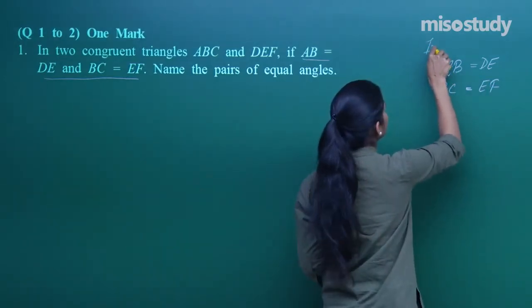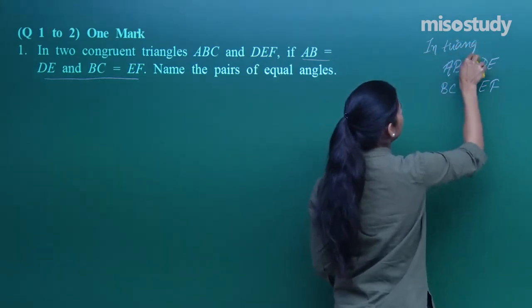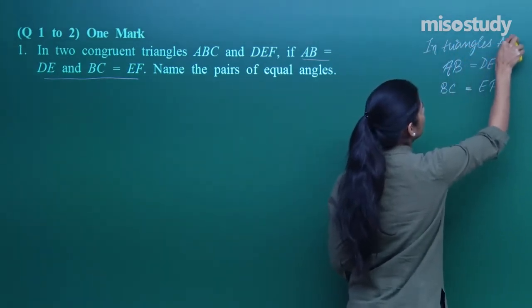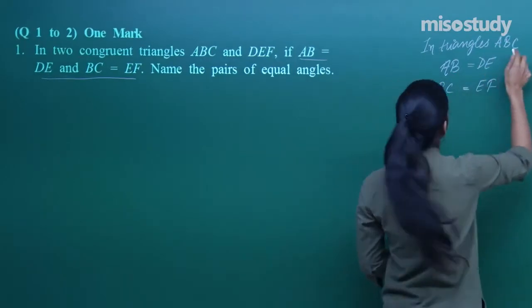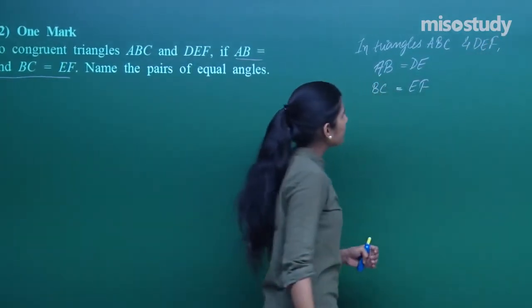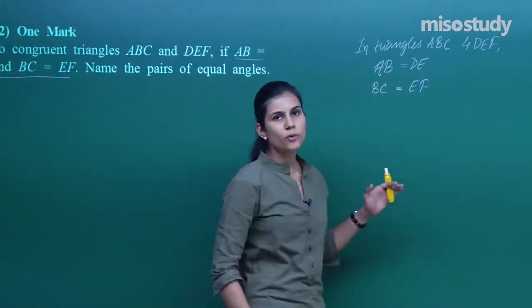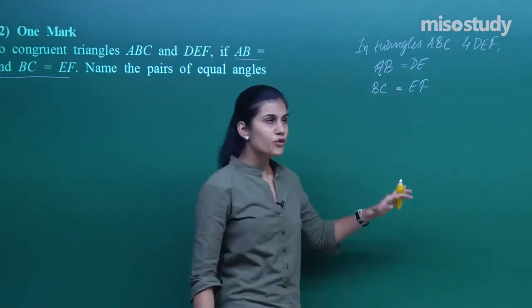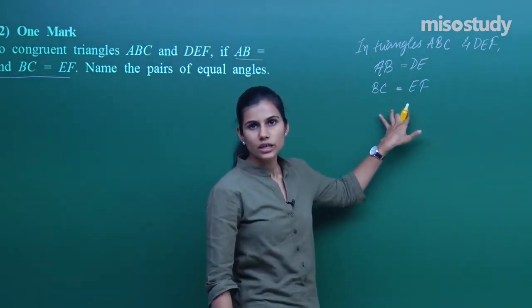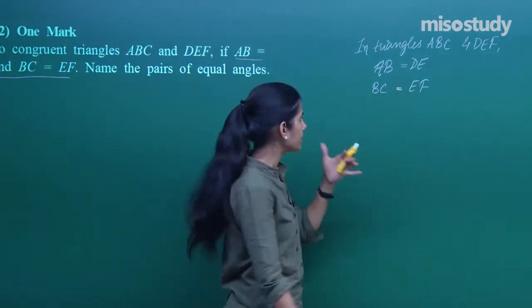So I can write in triangles ABC and DEF, we have AB is equal to DE, BC is equal to EF. We have learned how to develop correspondence between vertices from the equalities which are given corresponding to the sides or angles of one triangle and sides or angles of the other triangle.